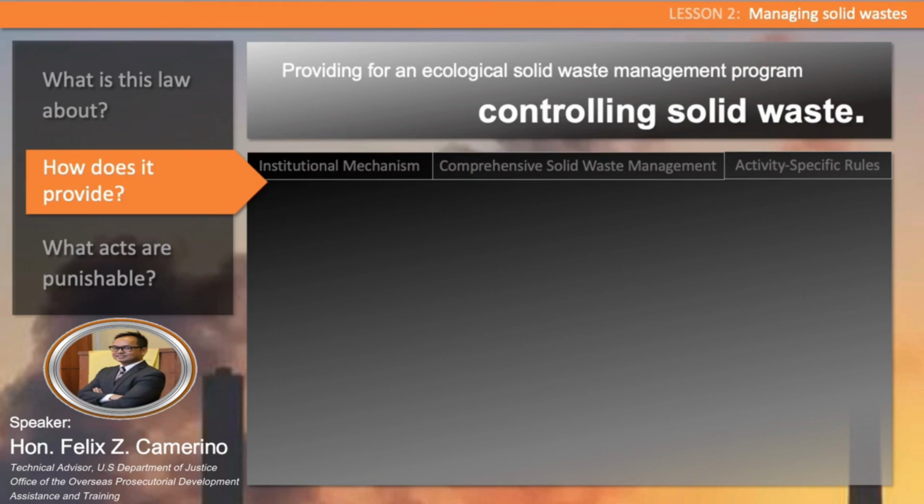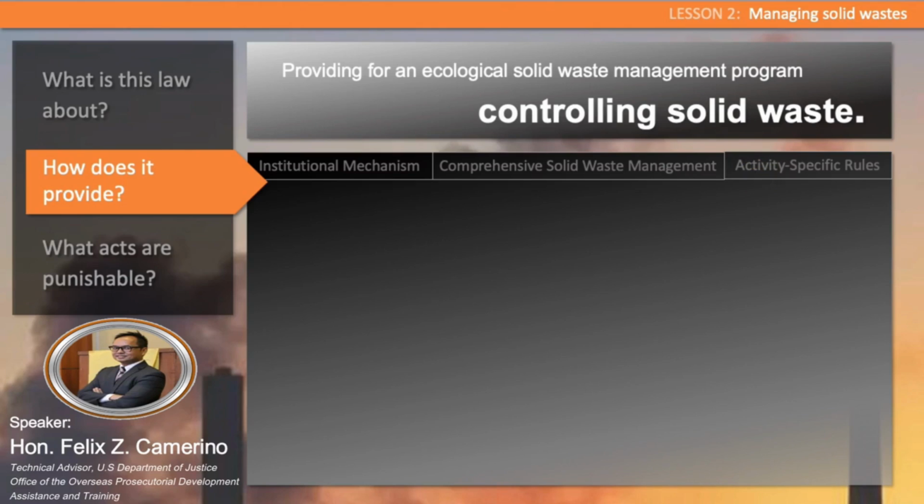This is also very similar to how the earlier laws are put together, or at least the methods or approaches that they're taking, which necessarily includes some kind of an action plan. So it's no different here with the ecological solid waste management programs under this law. Okay, so after that, then there's some rules. Actually, they're specific to particular activities.